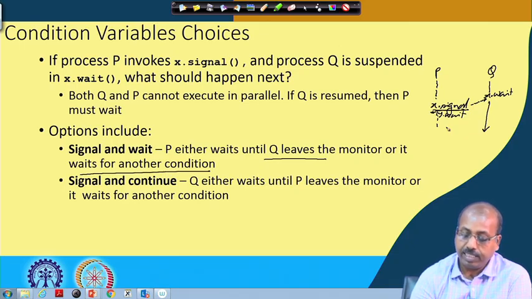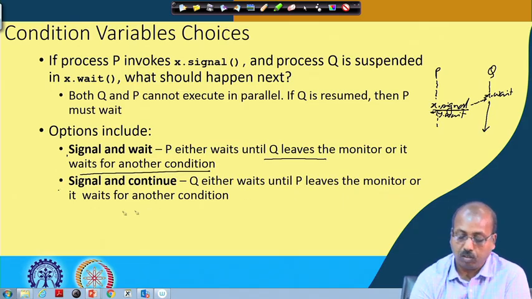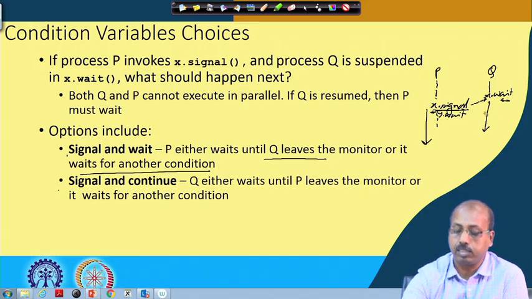Another is signal and continue. So, this is the signal and wait option, and this is the signal and continue option. It says that Q either waits until P leaves the monitor, or it waits for another condition. It may so happen that Q has got the signal that it can proceed, but it will wait for P to go out of the monitor, and only then will Q enter.